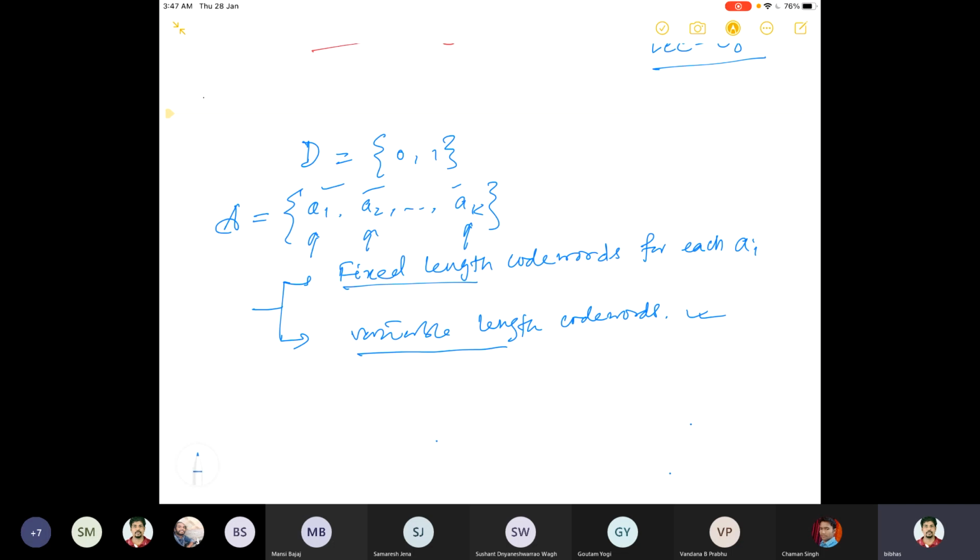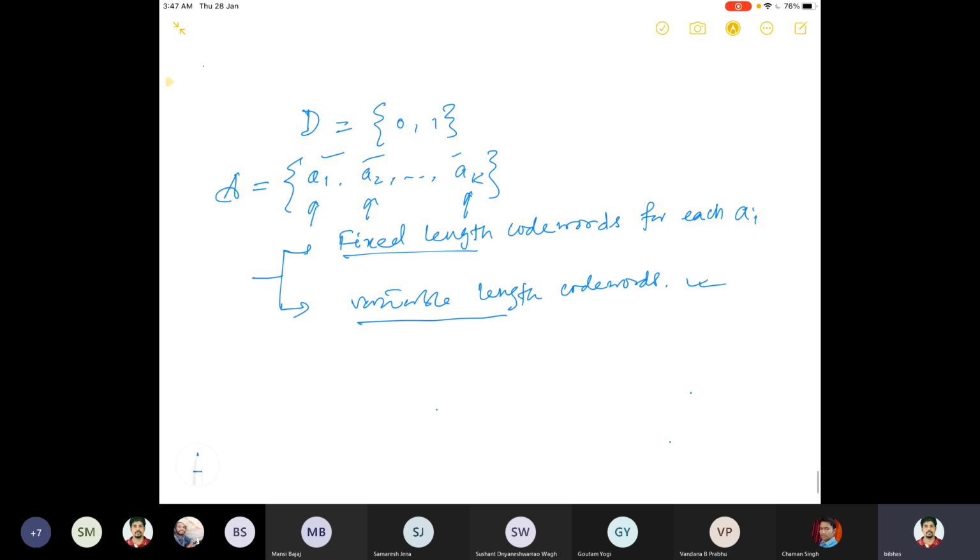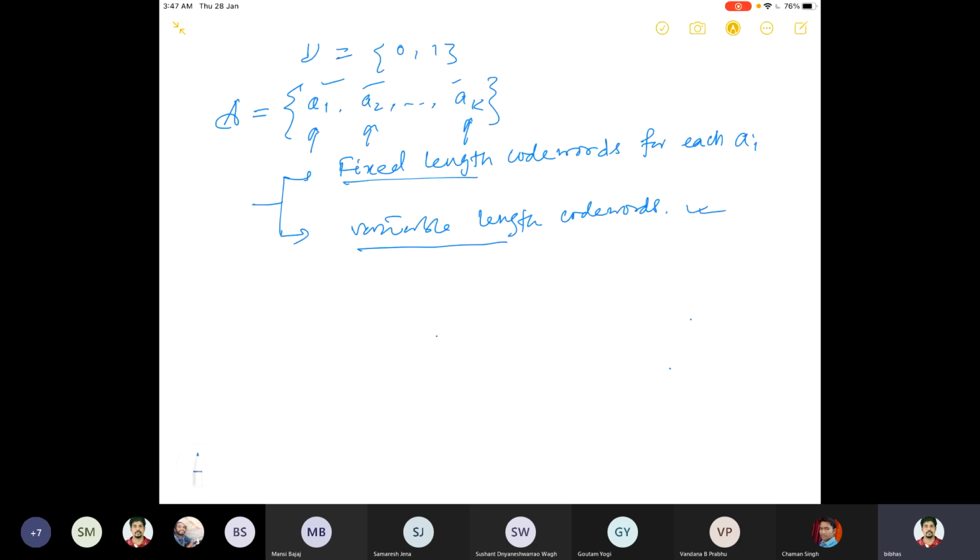Now, for source coding, a bigger fundamental question for the fixed length code is this. Suppose we are talking about fixed length code words. Then the question is how to decide the length. That means the length of each code word is the same, so the code word corresponding to each of the symbols A1 to AK has the same length.